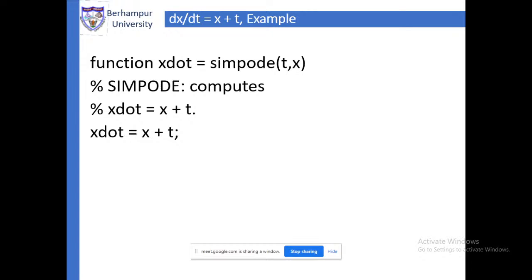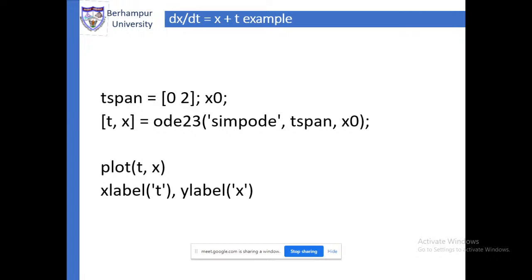So this is how you define the function. First is defining the function. Then tspan. Tspan means the values spanned by the time t. You can use any other variable; the variable tspan is not mandatory. You can write tlength, or t1, t2, anything you can write.